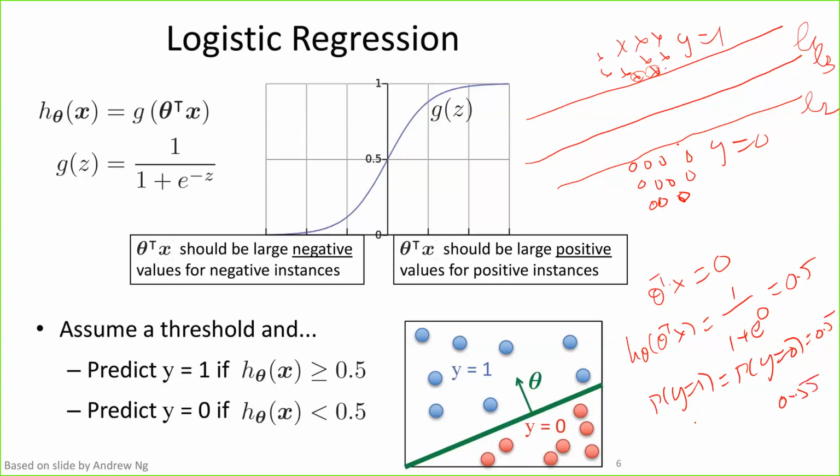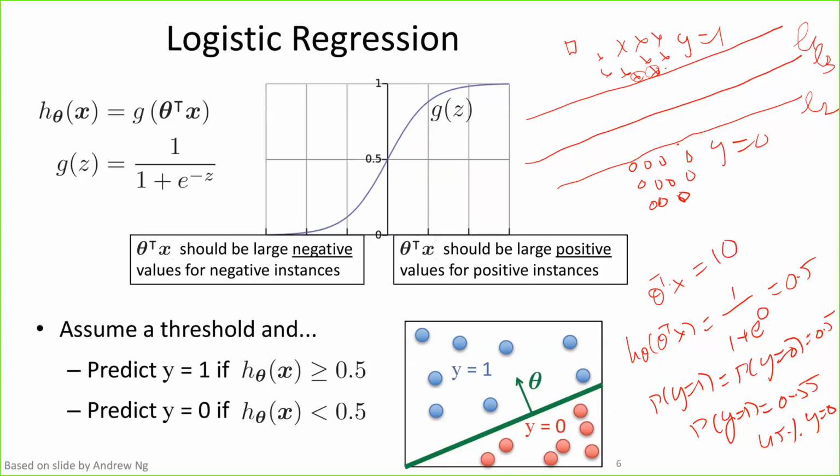It means you are saying there is a 55% chance that it belongs to class 1 and a 45% chance that it belongs to class 0. Not that confident, right? Suppose the point is far away from the line on the positive side of the plane. Then theta transpose x is a big positive number. I took it as 10 earlier.